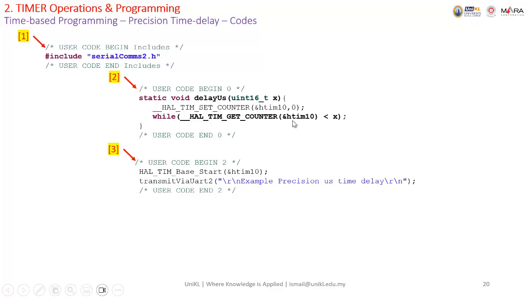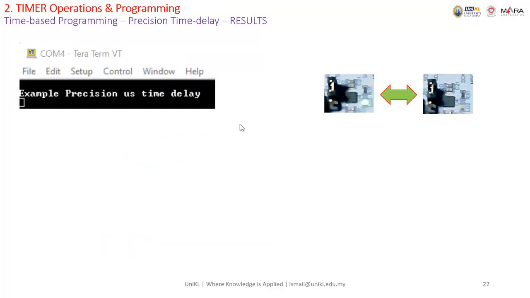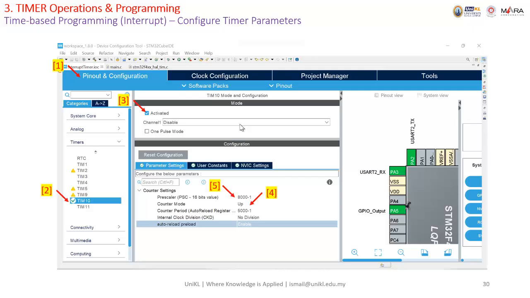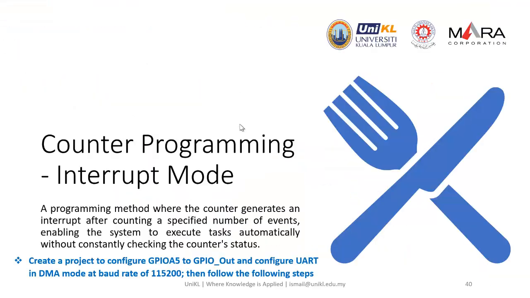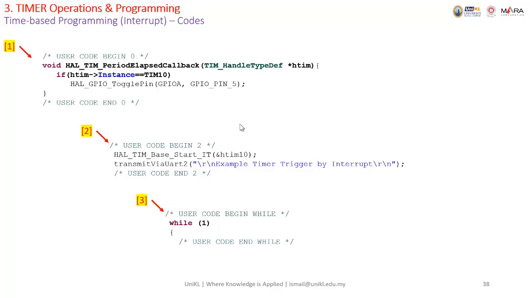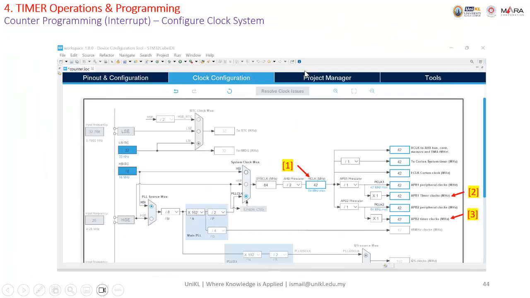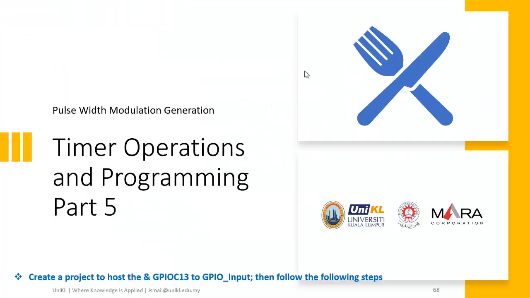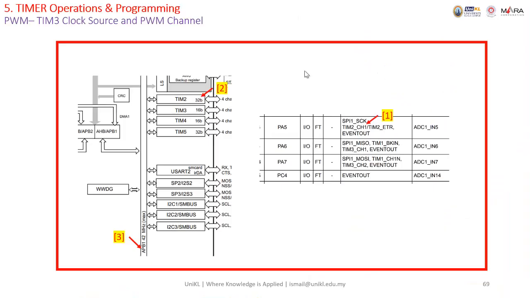Here I show you the functions based on the timer in polling mode. Next we use the time-based interrupt mode to generate the fixed time delay. So we use the period elapsed callback here, and also the counter. Please watch the next video for that.